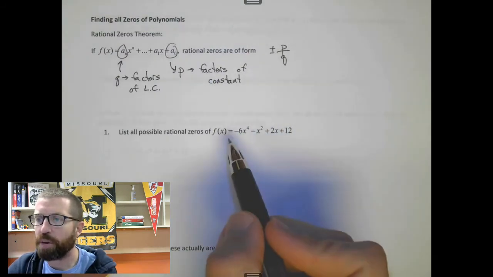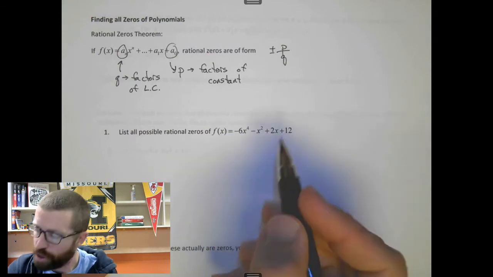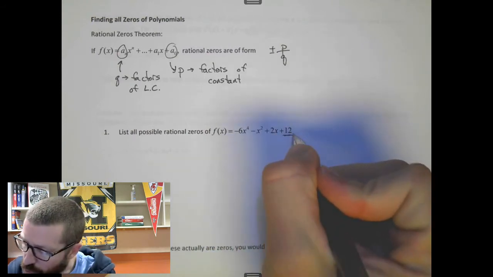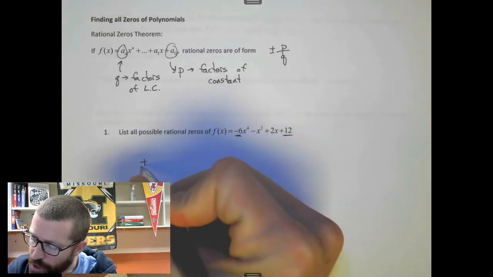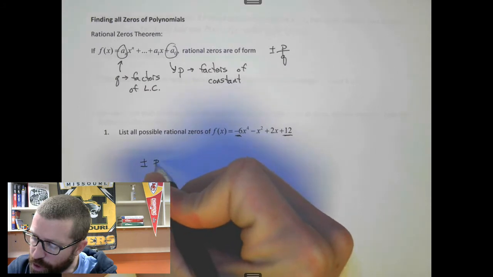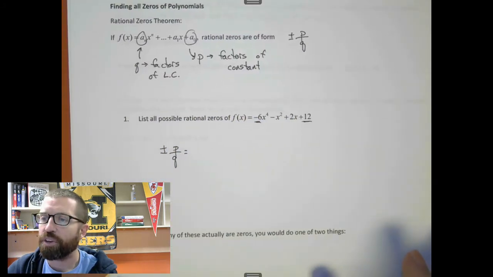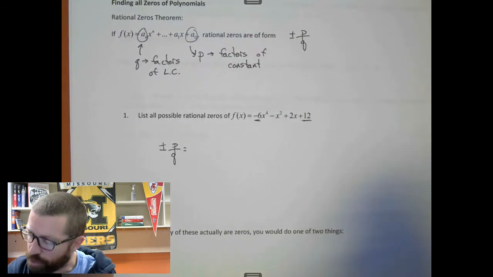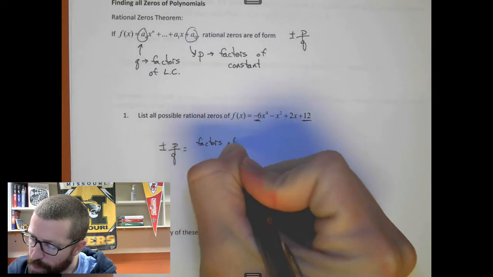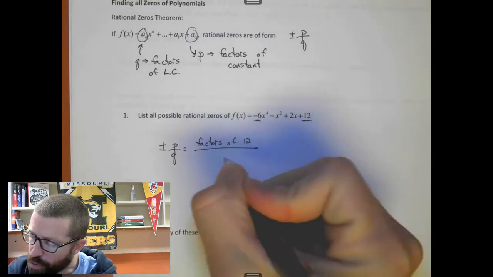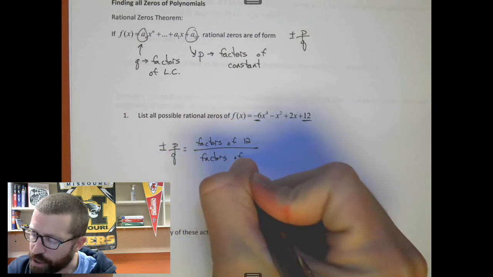So if I want to list all the possible rational zeros of this polynomial, then I have 12 and -6. And so I'm going to list them as plus or minus, and I'm going to get in the habit of doing this p over q. But what we're looking at is the factors of 12 over the factors of 6 in every combination of that.